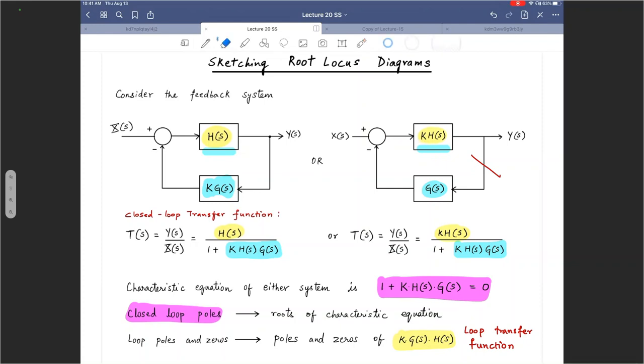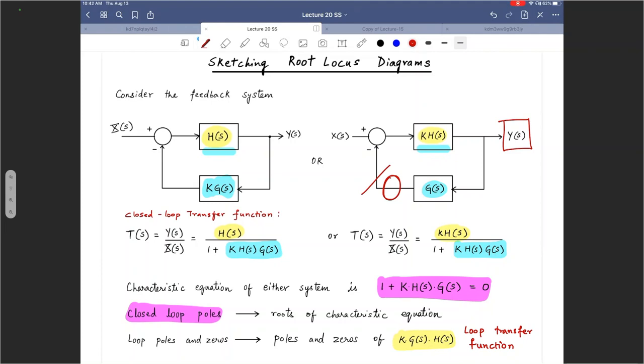However, if you cut off this link of feedback over here, then your loop transfer function will simply be k h of s multiplied by g of s. So it really depends on where you are chopping off that output. Are you taking your output at y of s, or are you taking your output after the feedback dynamics? So that is the difference between open loop and loop transfer function.